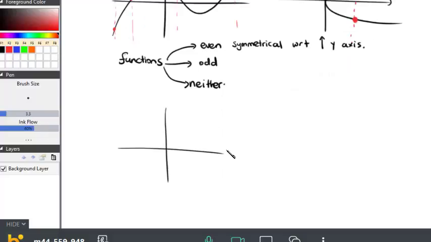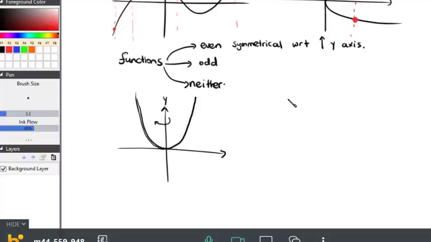Definitely this one. You can see that when you rotate this right hand side onto the left hand side, this side coincides with this part here, right? So this is symmetrical with respect to the y-axis. Something like this is an even function.